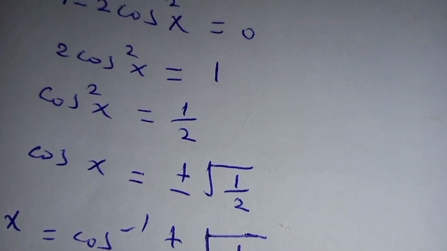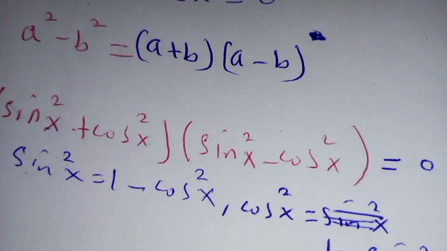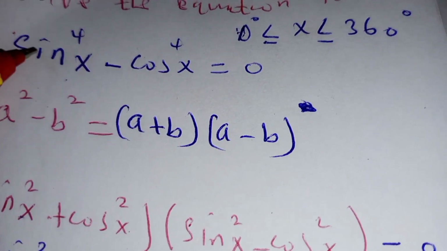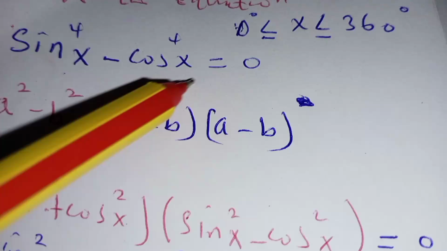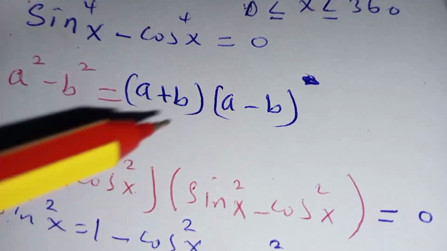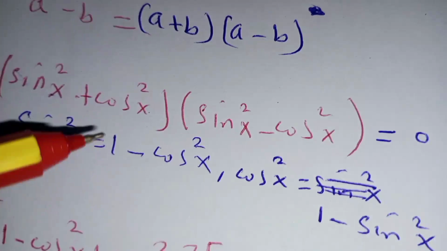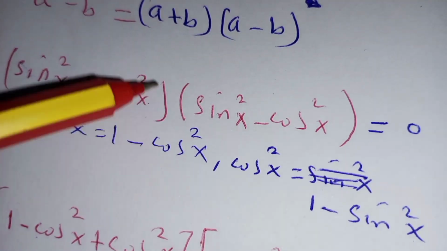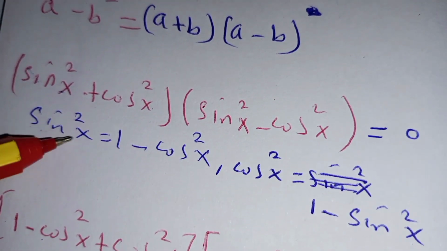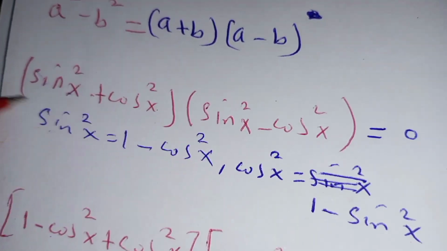So thanks so much for your time to study with me on how to evaluate this trigonometric equation, where you are given sine power 4x minus cos power 4x is equal to 0 between this range. We have made use of this identity, whereby we have expressed sine power 4 minus cos power 4 in the form of this identity. Then we have used the identity sine squared x is equal to 1 minus cos squared x, so that we can write it in terms of one trigonometric part.